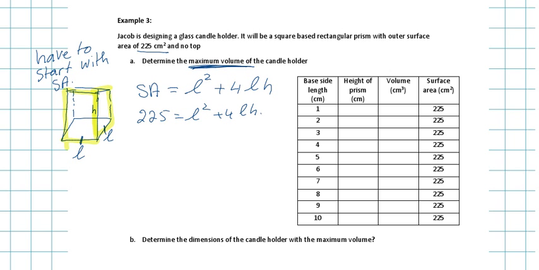H. Why H? There's only one H. There's two L's. It's very hard to isolate for L. So let's try that.